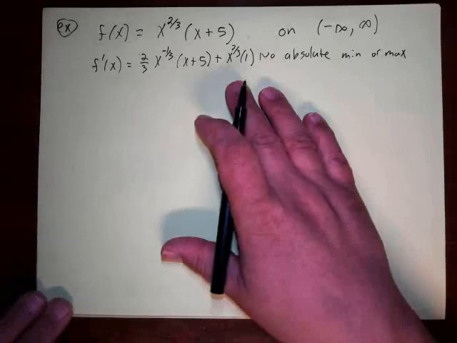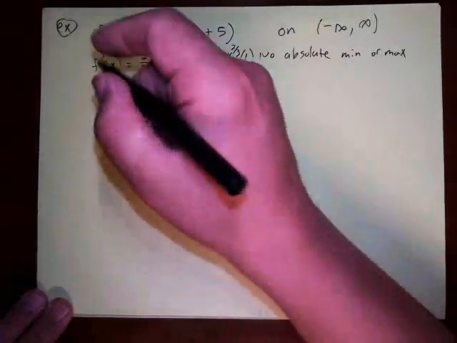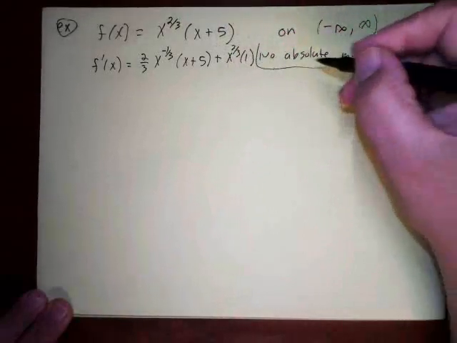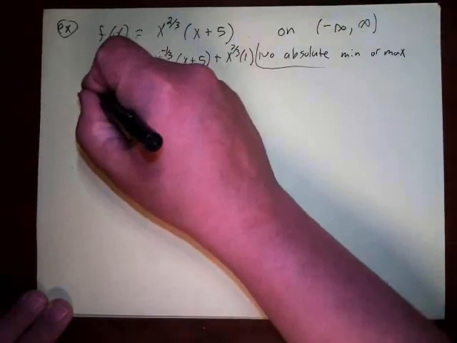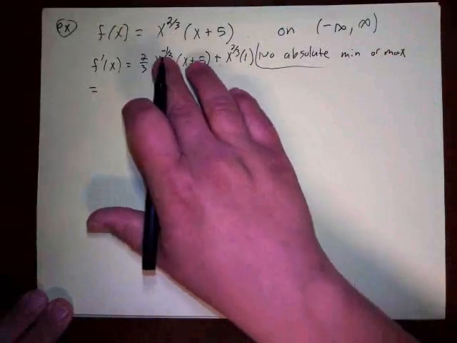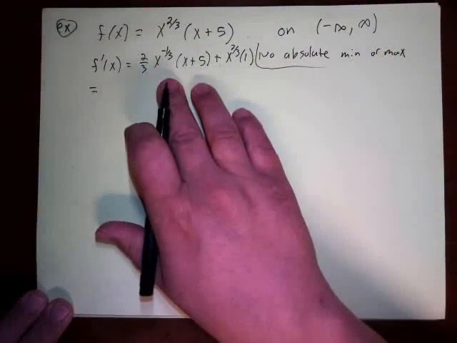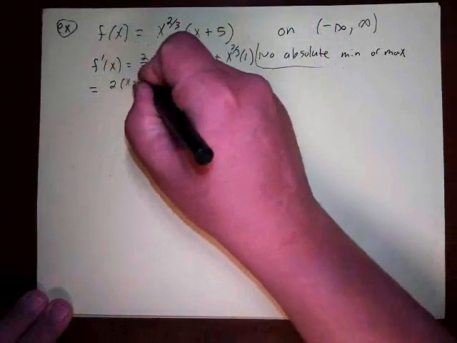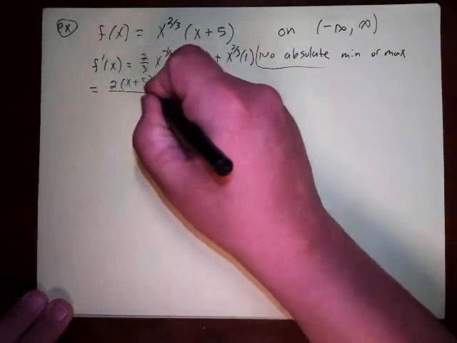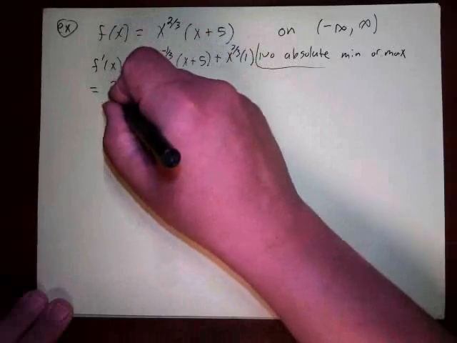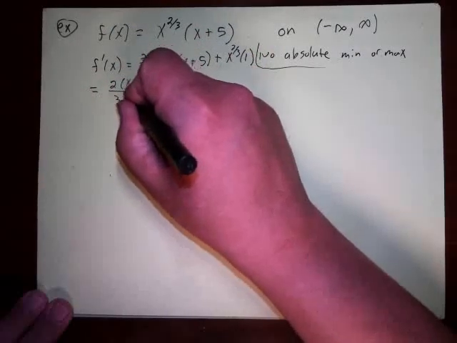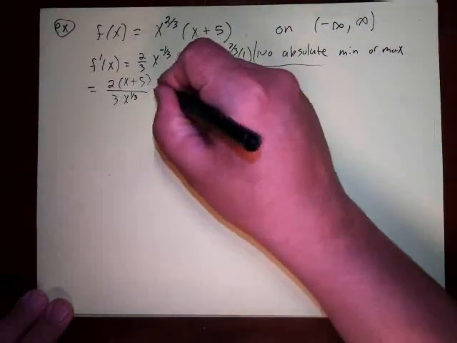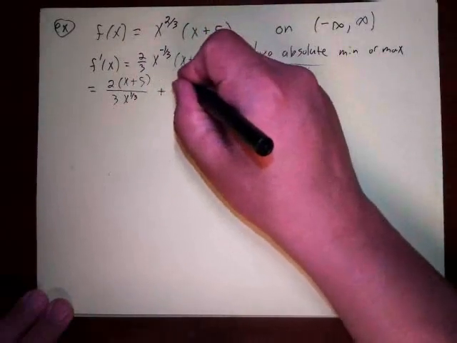Now I'm going to simplify this derivative here. This is a negative exponent, so I can bring this down. So this first term would look like this. Then I'll have 3 on the bottom and x to the 1/3. And then this is just plus x to the 2/3.